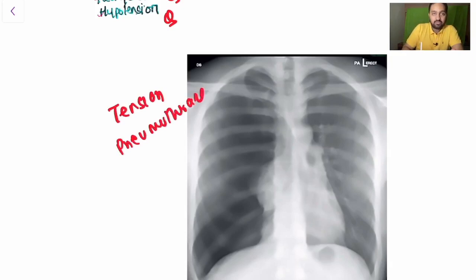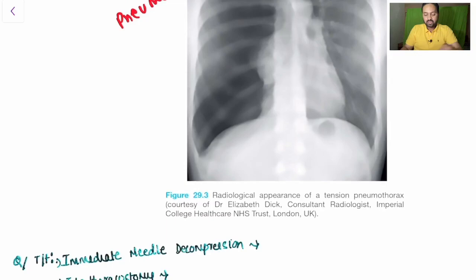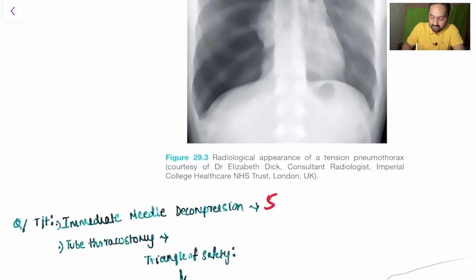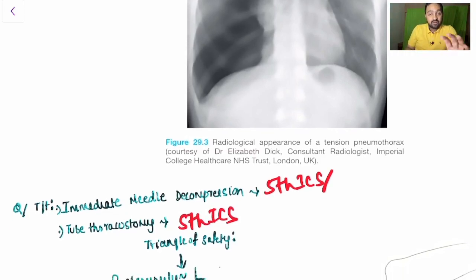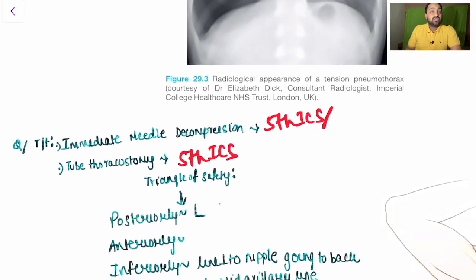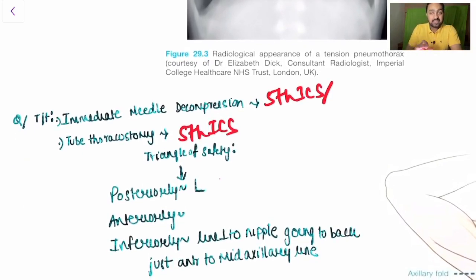Regarding your management, your immediate needle decompression, as we have already discussed, is in the fifth intercostal space, and your definitive management is the placement of a chest drain in the fifth intercostal space. Now, regarding the triangle of safety, where your chest drain is usually placed, its boundary is very important. Posteriorly, it is bounded by the latissimus dorsi.